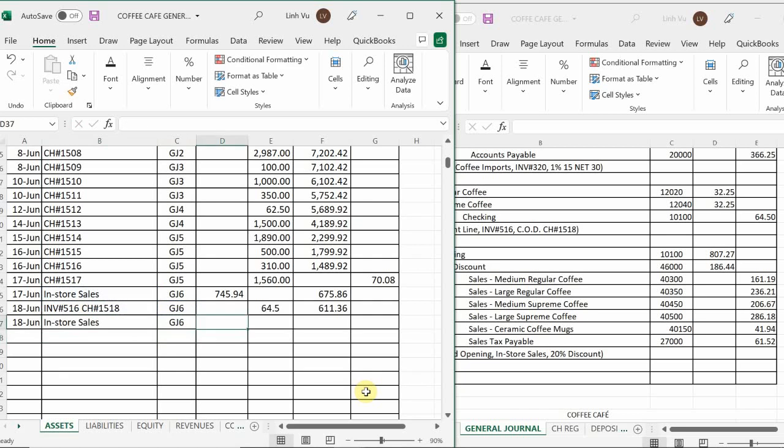For how much? 807.27. So what's my account balance going to be? 1418.63. Good. Excellent.